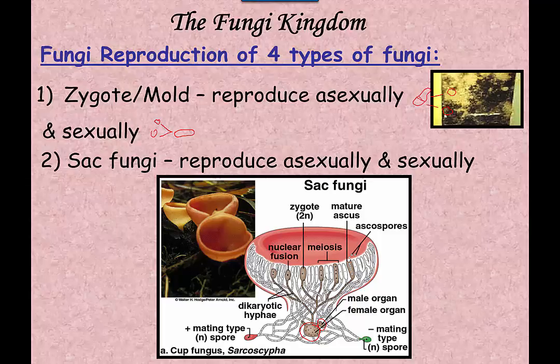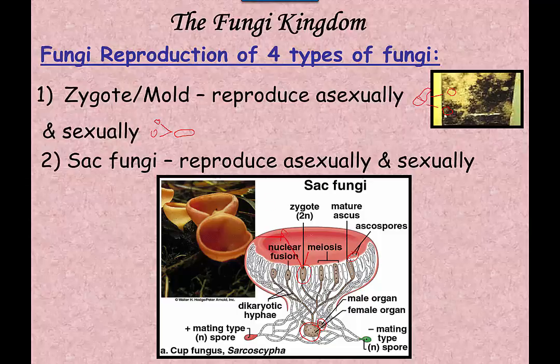Okay, so when they are reproducing asexually, they have this zygote here, which would be a spore, and these are tiny little spores on the inside. Eventually this zygote with a 2N, we'll get into that another time, here in the hyphae is going to get to the point where it's going to burst out.